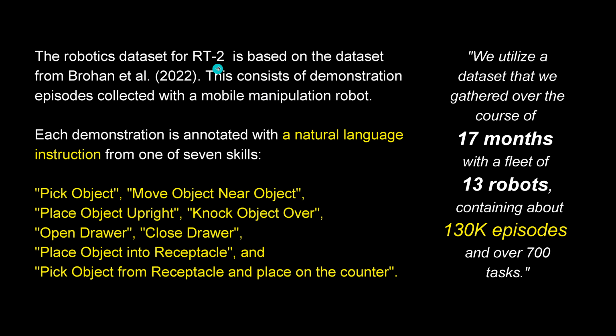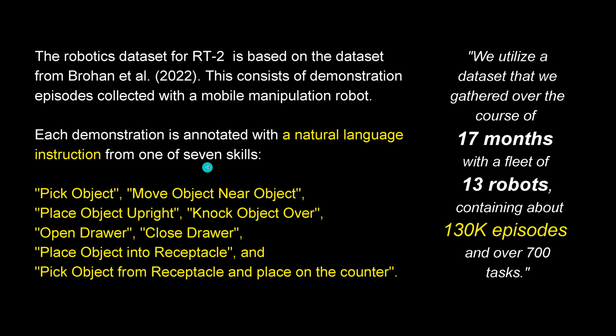Exactly, the robotic training dataset for RT-2 is now based on this RT-1 dataset. Each demonstration is annotated with a natural language instruction, and they decided to go for 7 different skills. As I've shown you with the tokenization in a discrete space, now we also have some discretization of our skills.